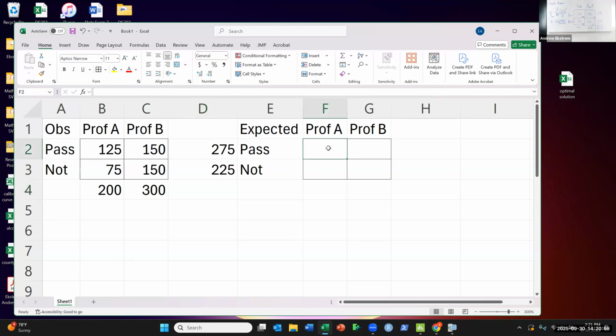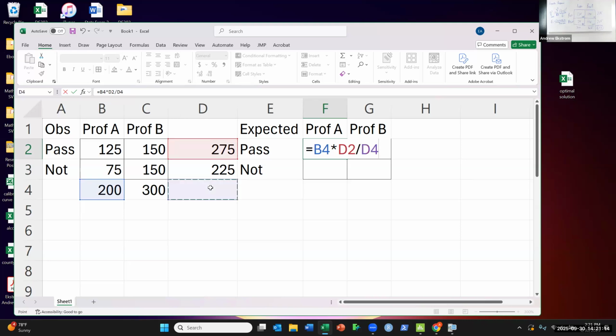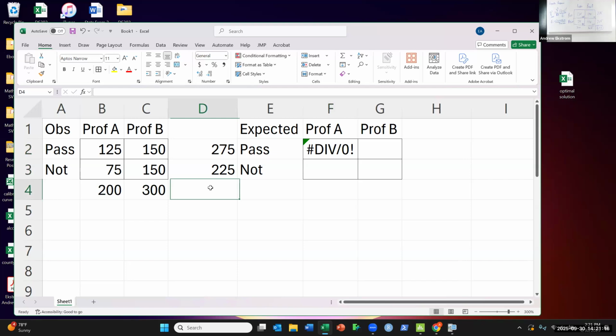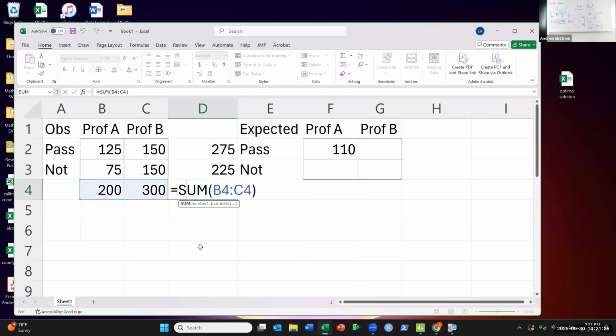And now over here, what is the expected value for this? It's equal to the column total times the row total, and then divided by the total, which I forgot to fill out here. So again, I can put here, just drag this down, and it's automatically, again, going to change the cell references.